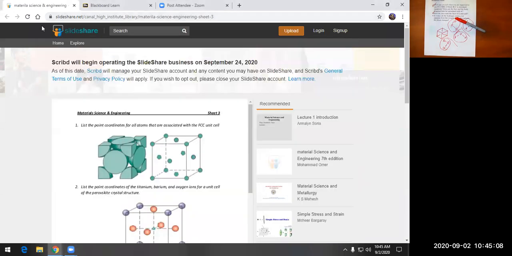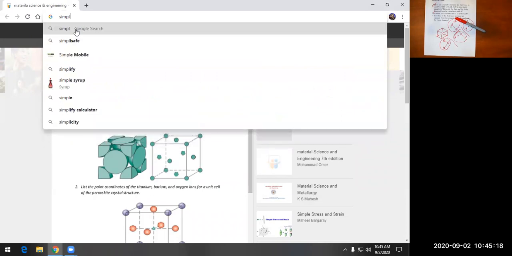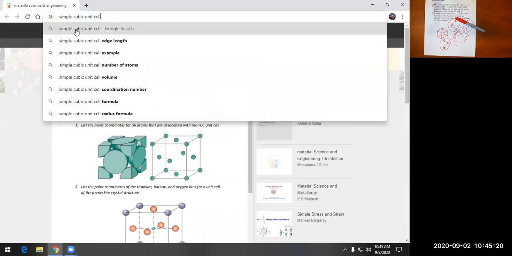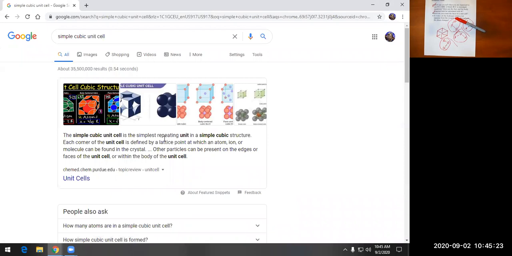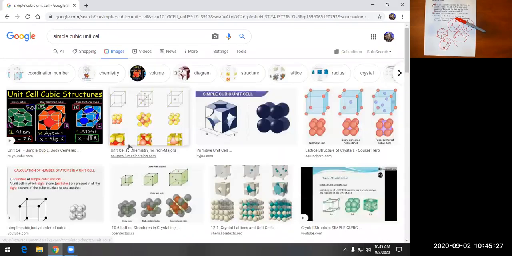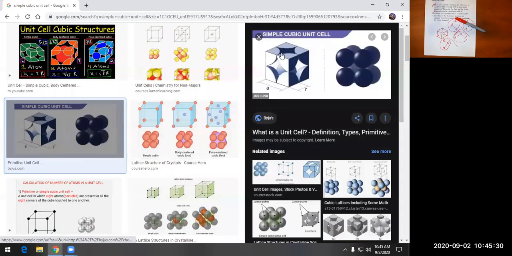If we look at the space filling diagram of the simple cubic unit cell, it will hopefully become clear. That one's pretty good right here. We see that the point of contact between two adjacent spheres is right here along an edge. So 1R, 2R.